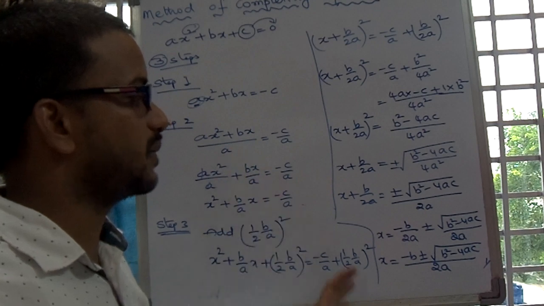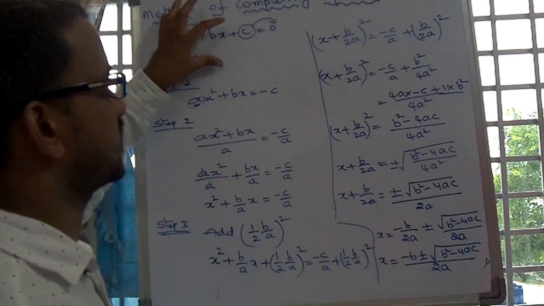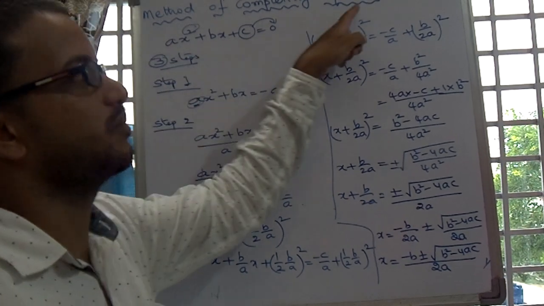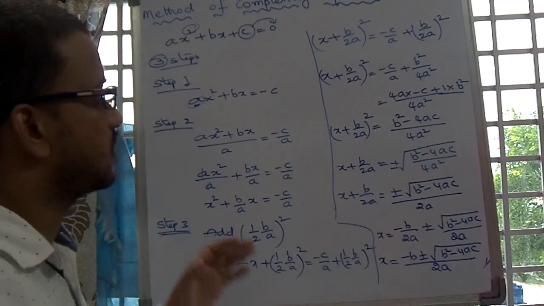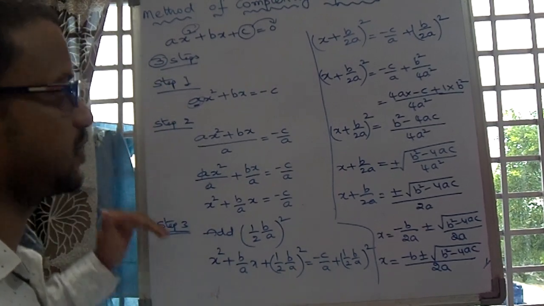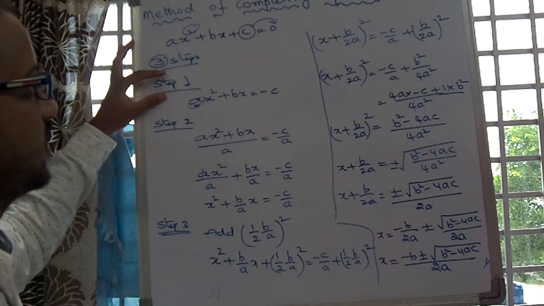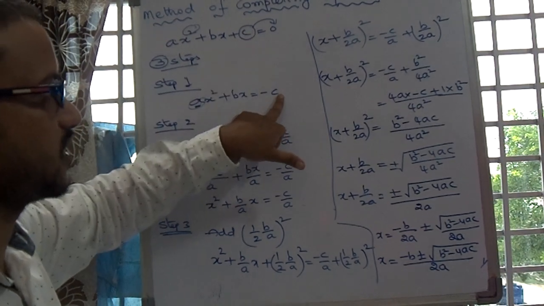So this is the method to find the solutions for a given quadratic equation under the method of completing squares. Is it clear? You have to remember these 3 steps. The first step is to transfer the constant term to the other side of the equation.